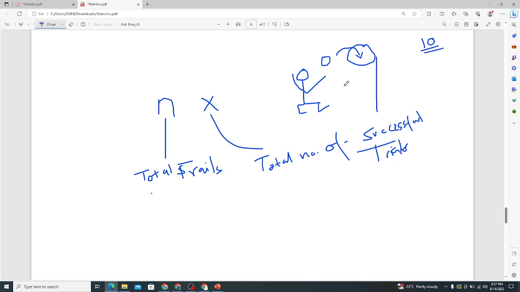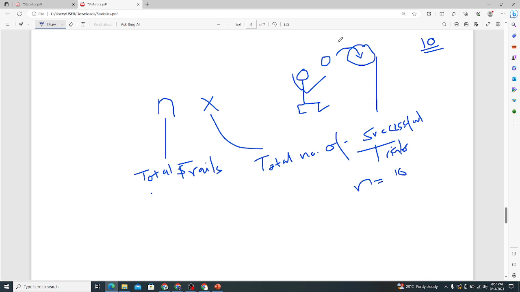So 10 trials, it's like 10 throws, to see how many times your ball will go through the basket. So n is the total number of trials.